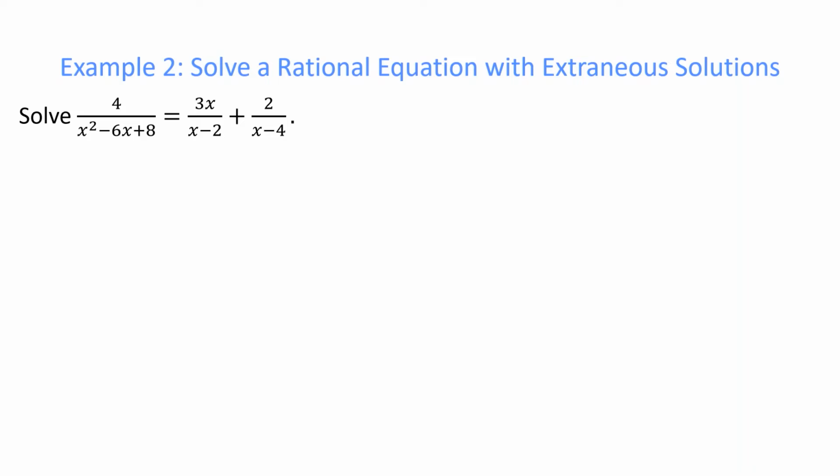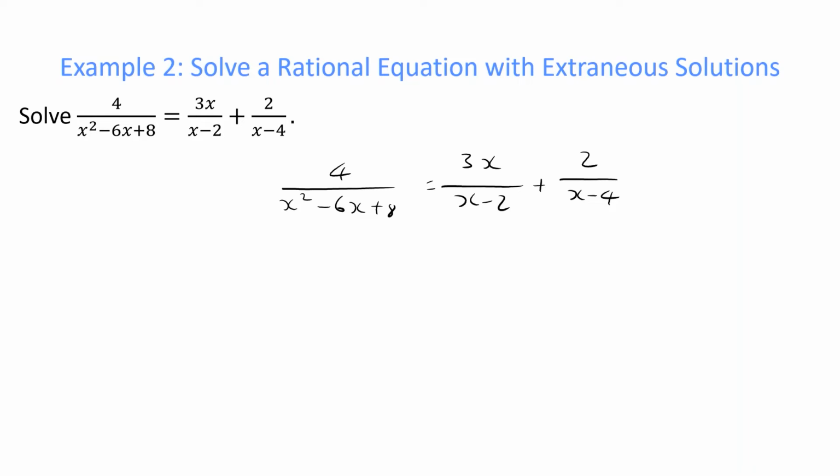To begin with, we will rewrite this equation. So we've got 4/(x² - 6x + 8) = 3x/(x - 2) + 2/(x - 4). In order to solve this equation, we will use the same approach that we used in example 1, where we will multiply the terms by their LCD.